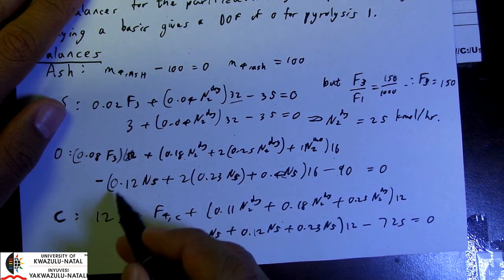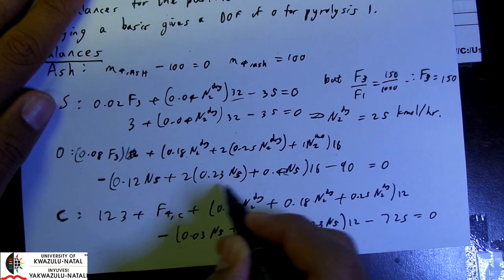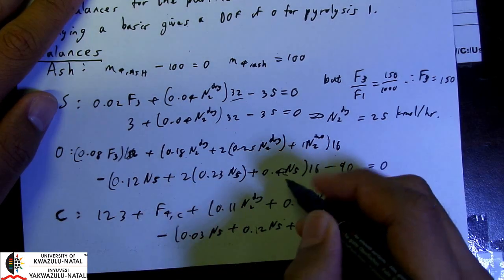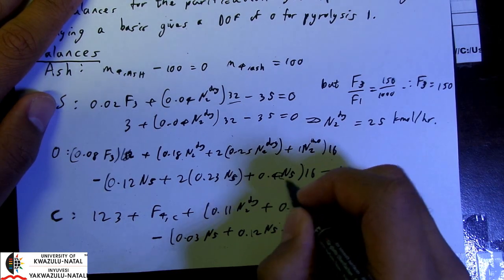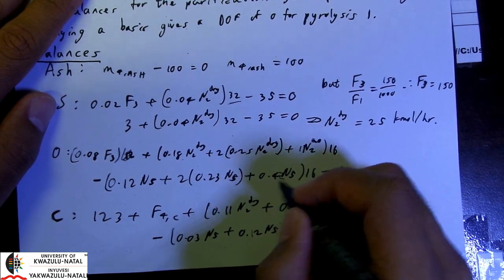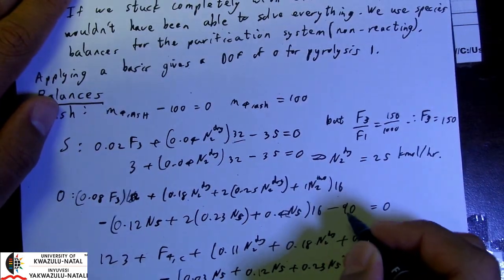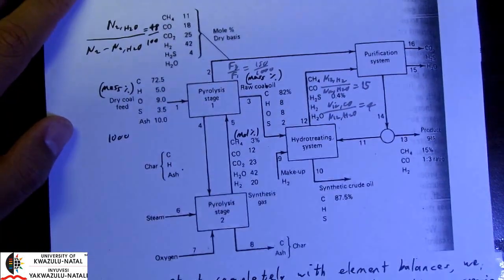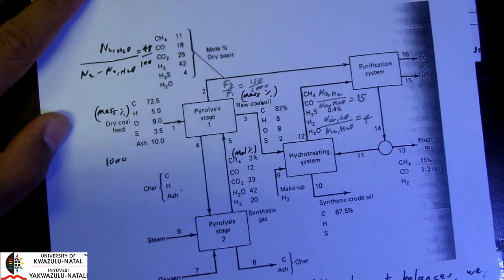So that's 12% of N5, that's representing the CO. This represents the CO2 twice because we have 2 moles of oxygen in CO2. And we have 42% of N5, so that's representing the oxygen in the water. And we of course need to subtract our oxygen input in our dry coal. Okay, so that's inherently in our coal.